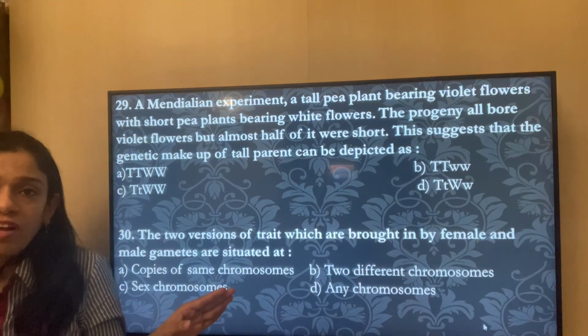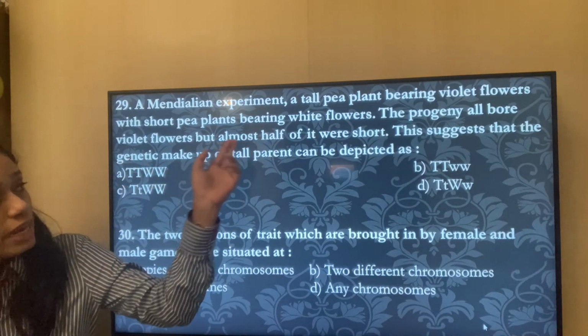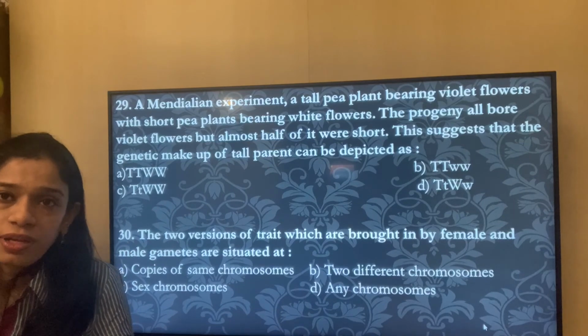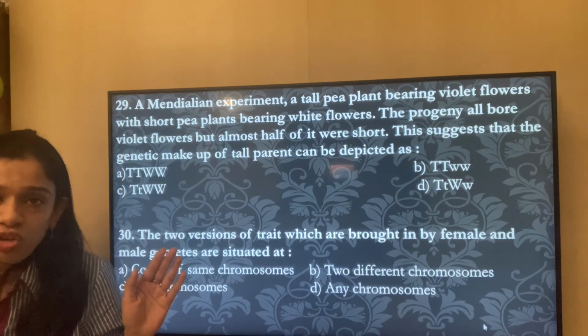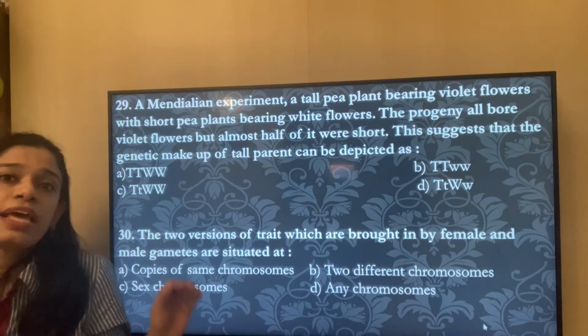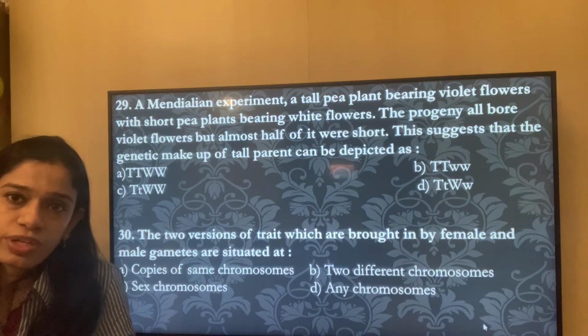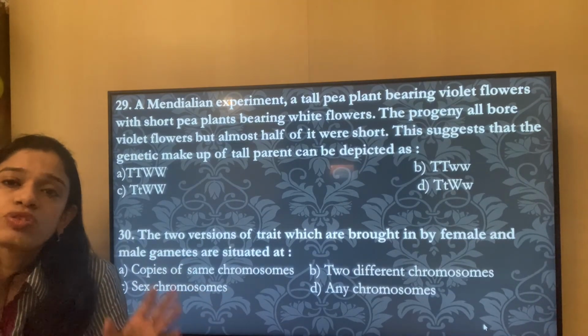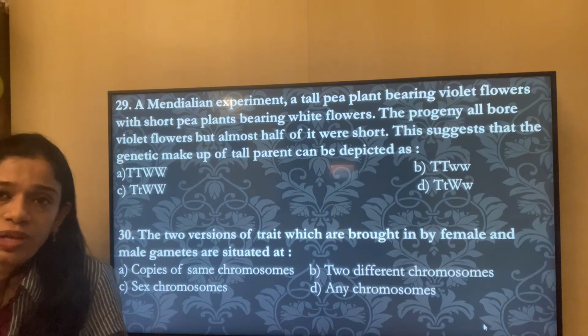Out of violet and white flowers we can understand that violet is the dominant trait. If violet flower is the dominant trait, the parent had the pure dominant genotype, because in the offspring the violet flowers were also expressed.